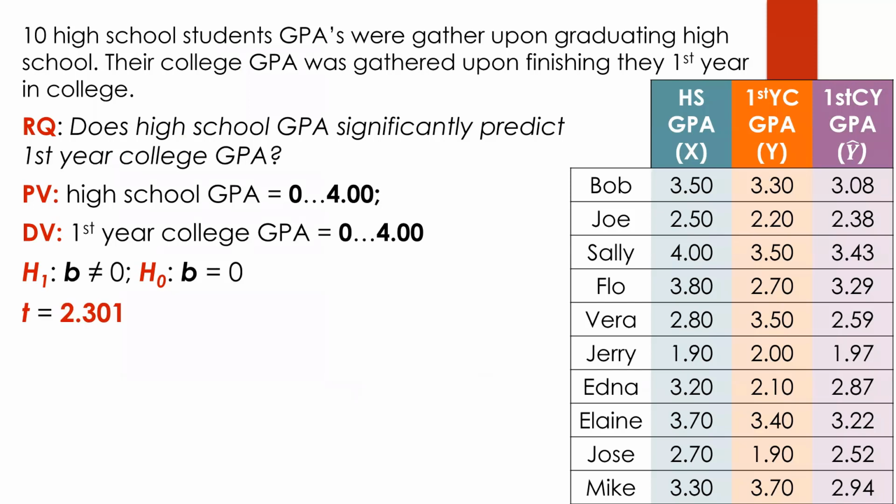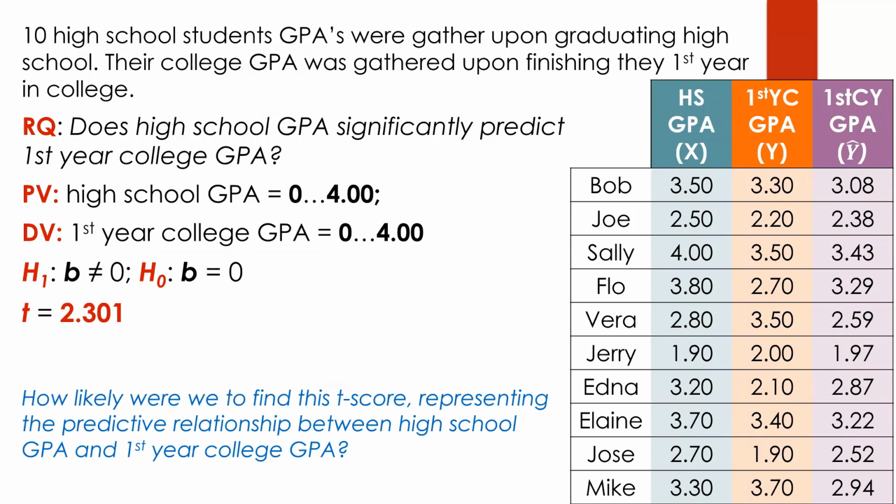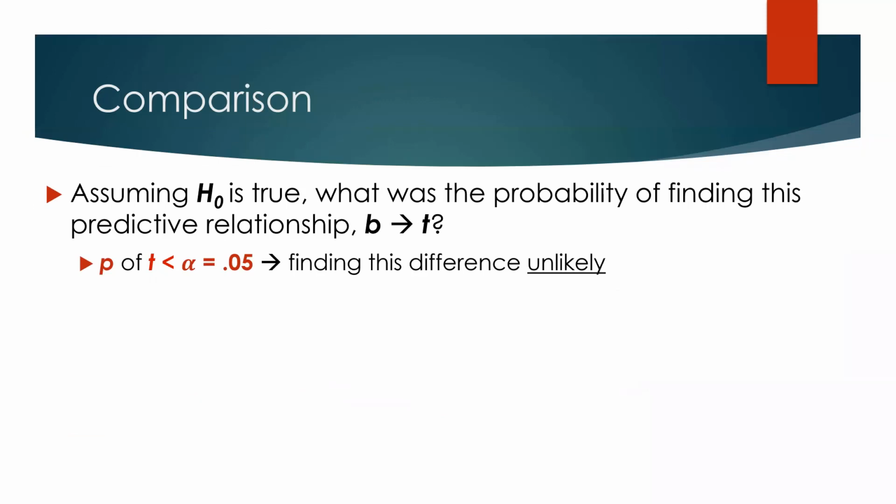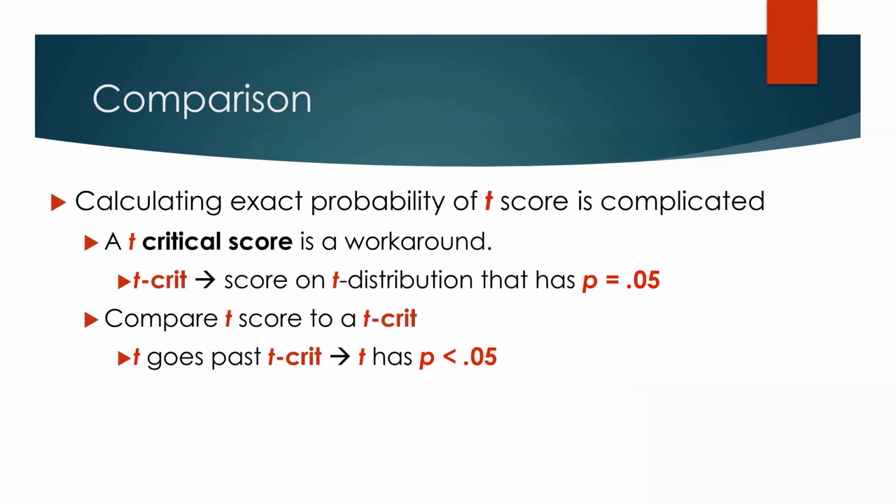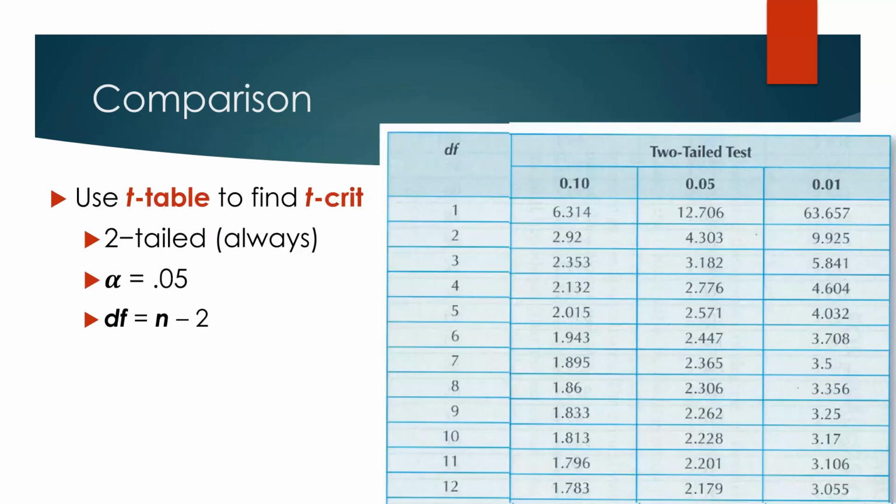So when we have our t-score, we have to compare it to a t-crit, so we can determine how likely we were to find this relationship, represented now by this t-score. So to find the t-crit, we need to go back to the t-critical scores table, okay? And it's always going to be two-tailed. So we're always looking at the two-tailed side because regression is always non-directional.